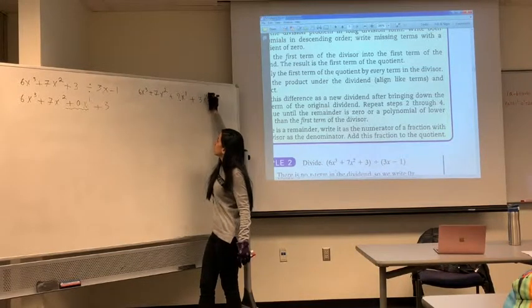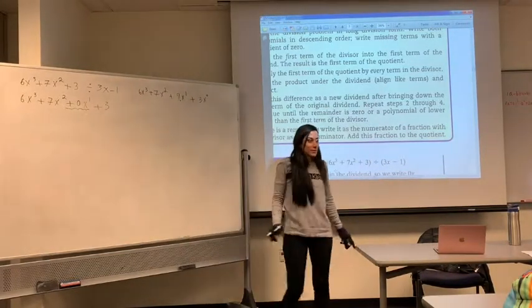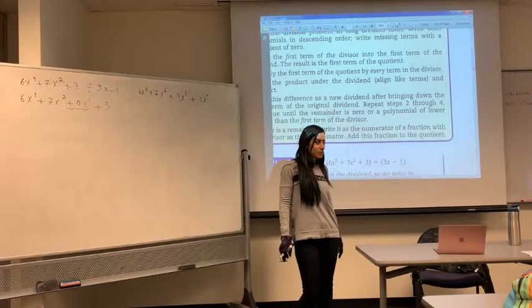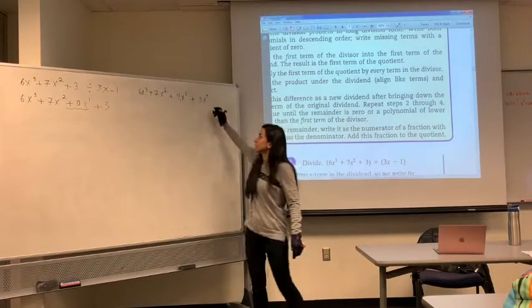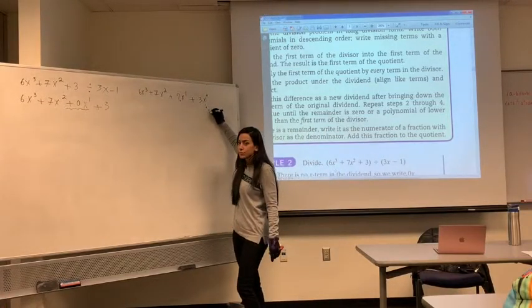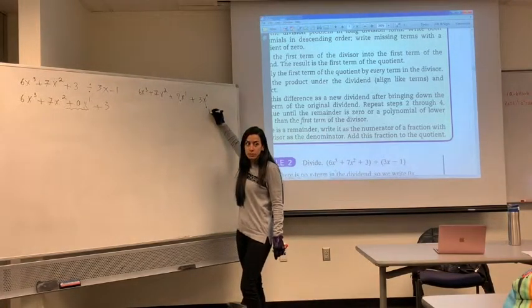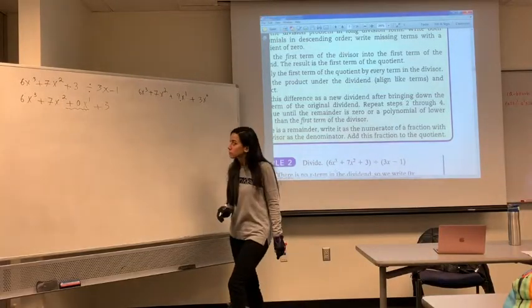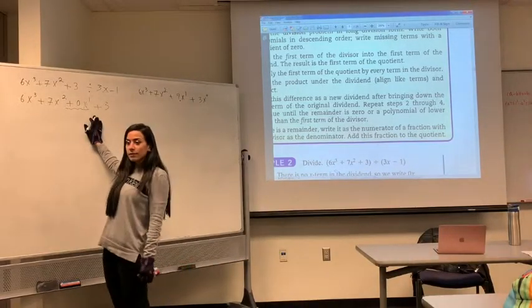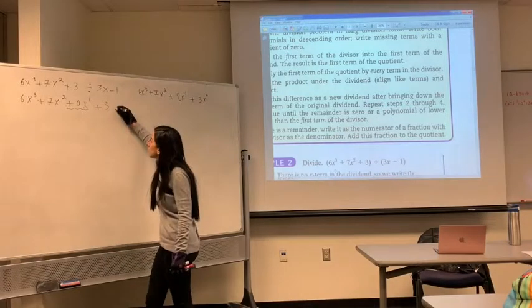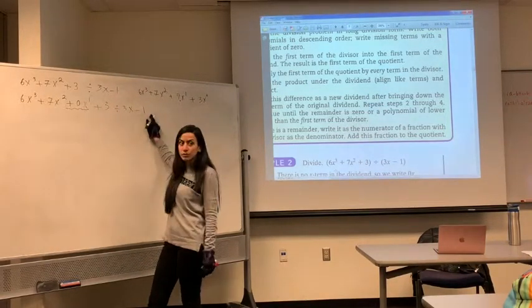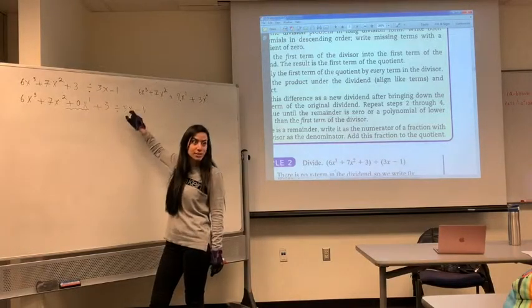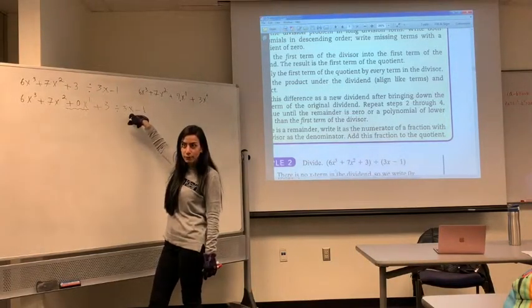Because last time we talked about this, x power 0 is 1, right? So we write it down in this way. Now we are ready to divide it by 3x minus 1. And this one should be organized and in standard form, right?